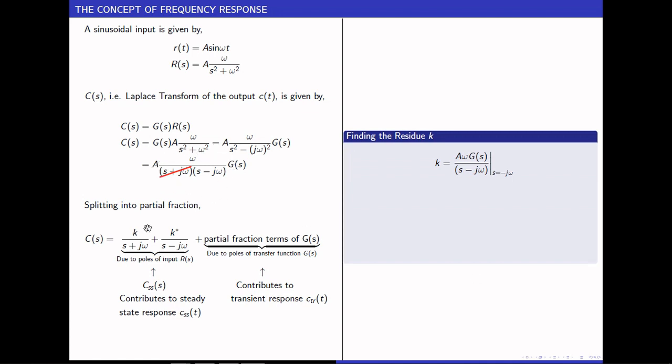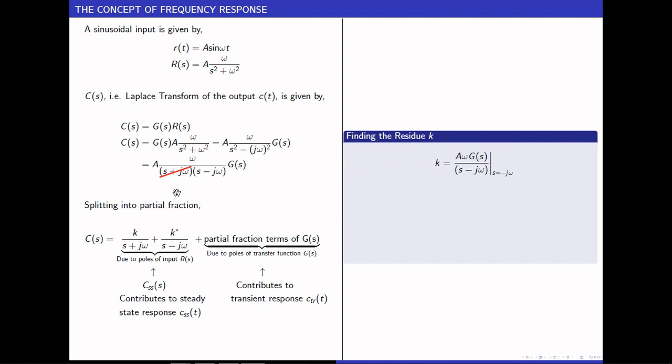So this is what is expressed as this. If I want to find out the residue corresponding to s plus j omega, then I should take the entire function except this s plus j omega, but I should substitute s is equal to minus j omega. So that is what I get here.